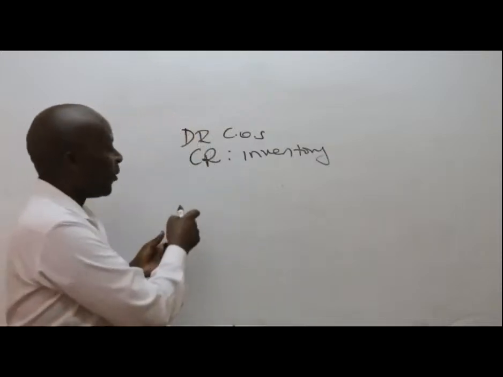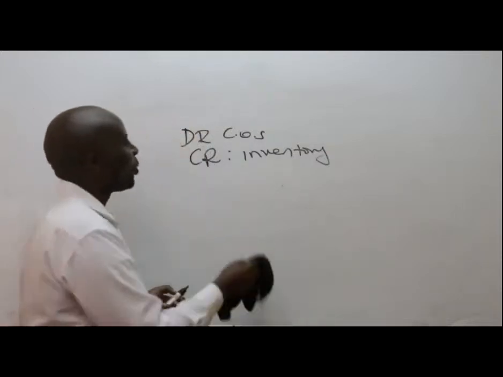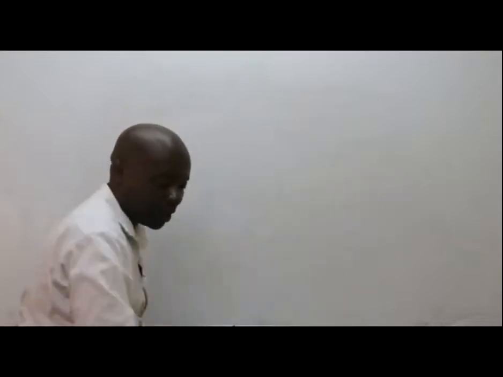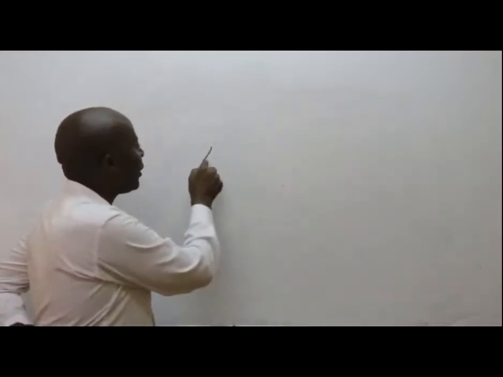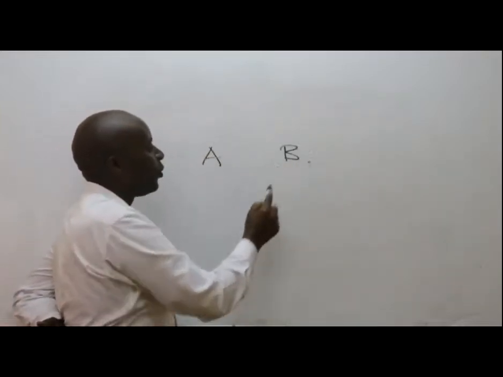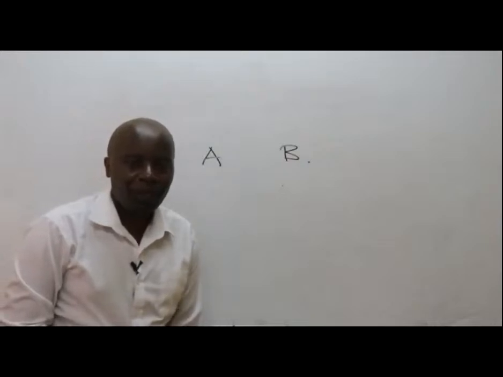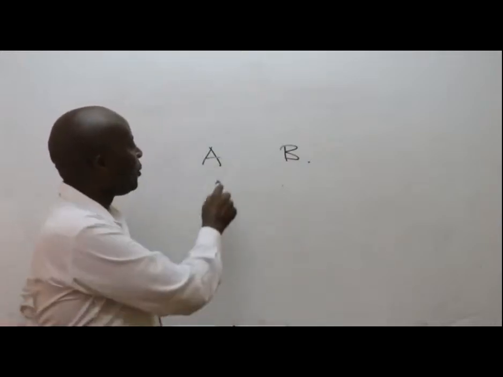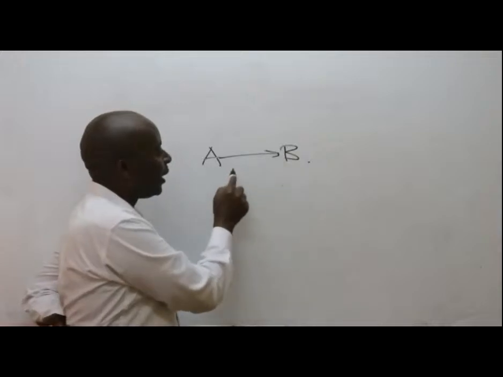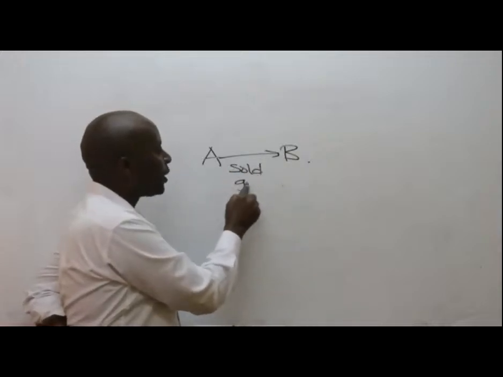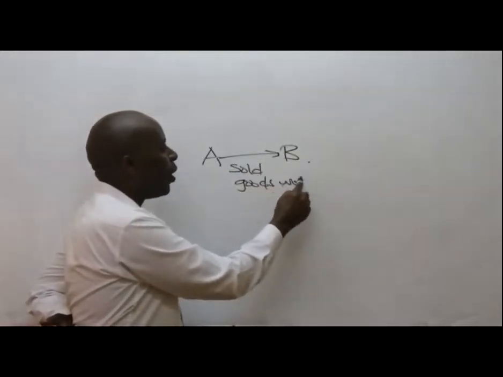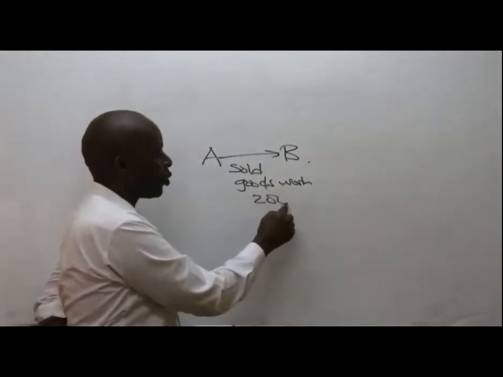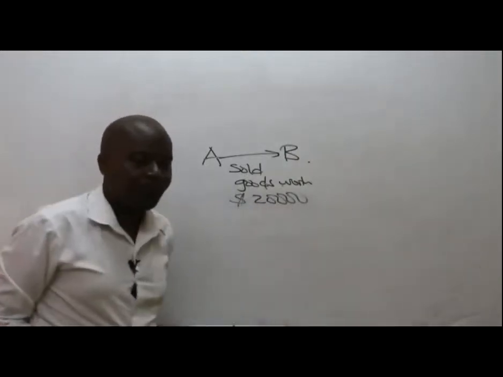Great. Now, here we are, example 2. As you're doing your analysis, you will be told that we have these two related companies, A and B. You have been told that B is our subsidiary. Then you'll be told that A again sold goods, this time a stock of $20,000.